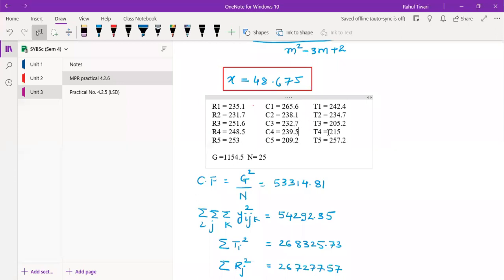R3 value is coming as 251.575. Okay, let's see, others can also cross check. Everyone please cross check that answer: whether the row 3 total is coming as that or as the one written on the screen. Just verify, then we can change accordingly. Let the calculation start.